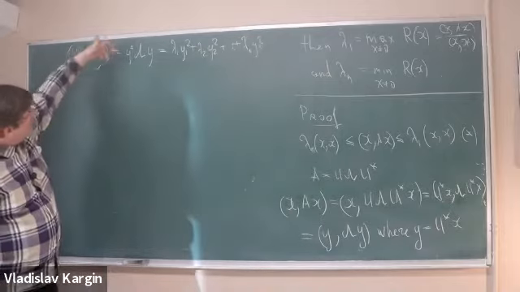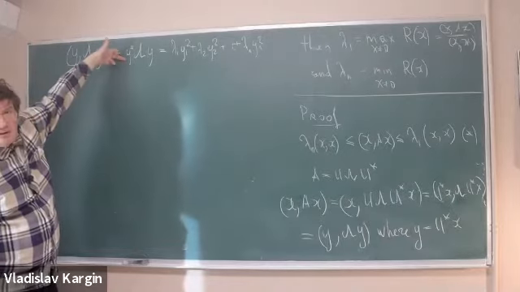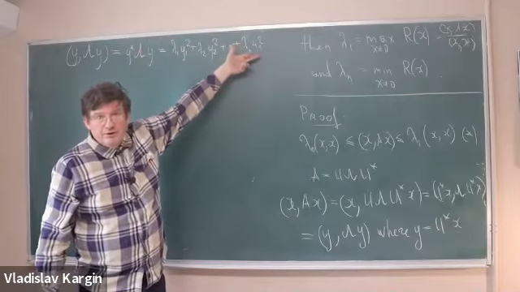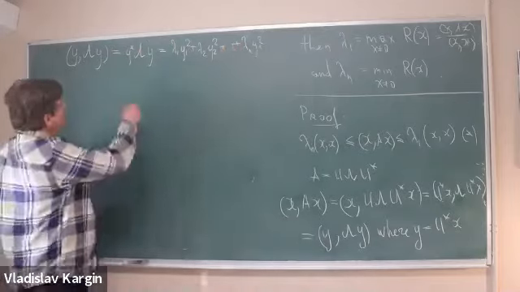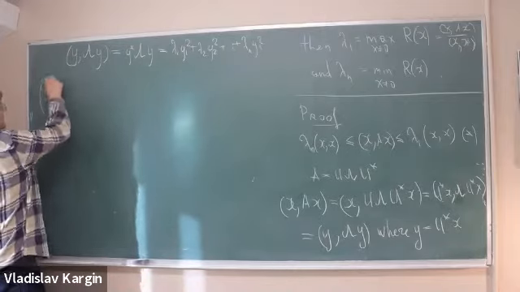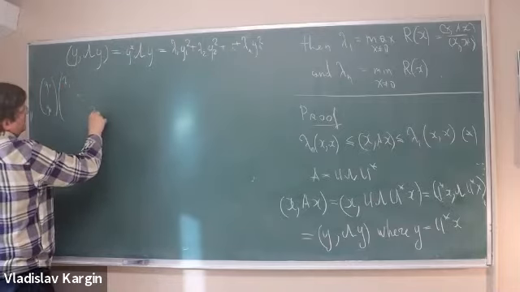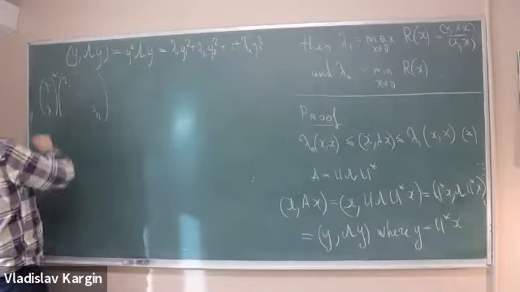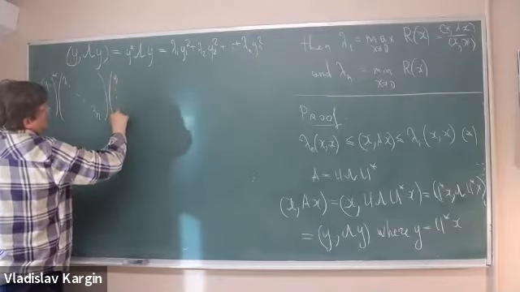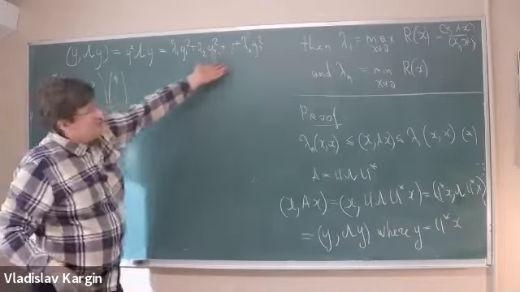And this is just a vector with the components: Y1, Y2, up to Yn are the components of this vector Y. So this is basically Y1 to Yn multiplied by this lambda 1 to lambda n. Sorry, here's the row vector, here's Y1 to Yn, and here are the zeros. You multiply it and get this form.